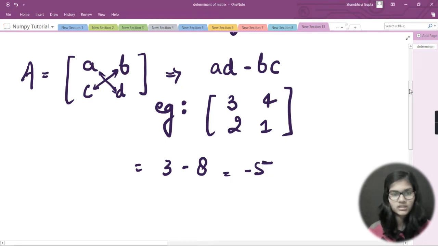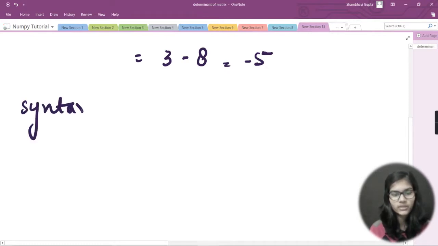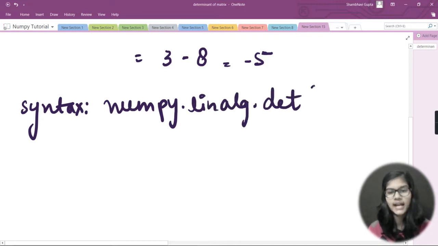Fine. So this is about finding the determinant. Now what's the way for finding it? Basically what's the syntax? Let me quickly discuss that. I will write here syntax. The syntax is numpy dot linear algebra dot det, and in the bracket the name of the variable in which you have stored your matrix.